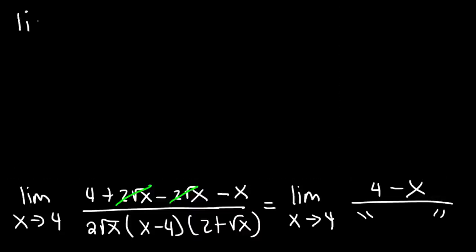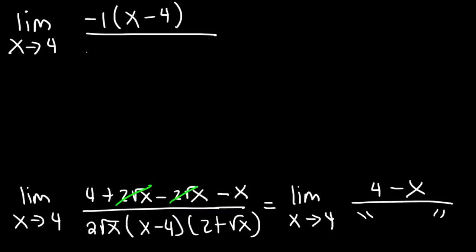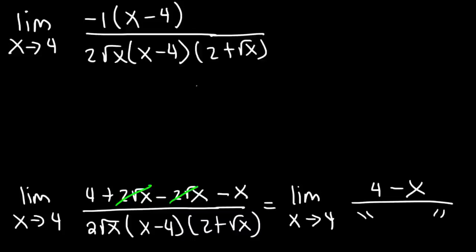So this is now the limit as x approaches 4. So negative 1, and this is going to change to positive x, and plus 4 is going to change to negative 4, just like we did before. So now notice that we can cancel the x plus 4 terms at this point.